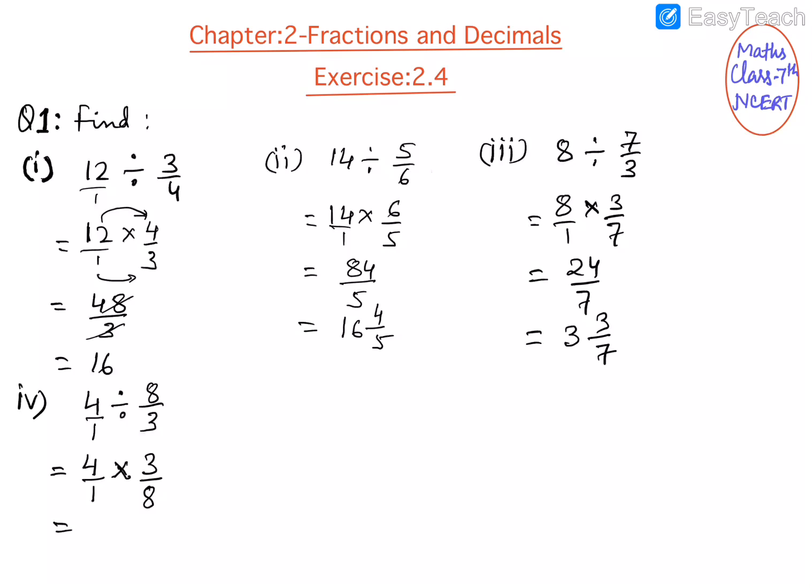Now multiply the numerators. 4 threes are 12 and 8 ones are 8. You can reduce it into simplest form or divide it and write the answer as a mixed fraction. 8 ones are 8, remainder 4 by 8. This can be cancelled out like this. So finally the answer is 1/2. We can cancel out here also to get the same result.